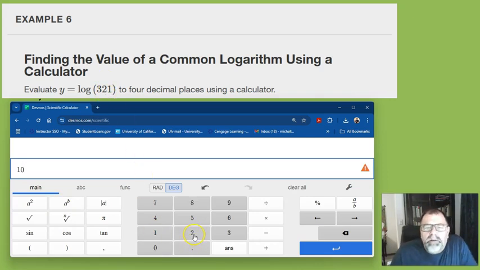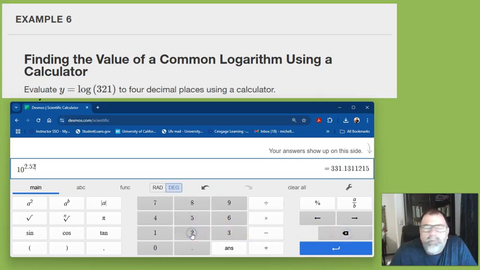So 10 squared is 100, so that's too small. 10 cubed is 1,000, that's too big, so it's going to be like the intermediate value theorem. We're going to go somewhere in between those two numbers. So 2.5, too small. 2.6 would be too big. So 2.55, and I want to go out to 4 decimal places. That's too big.